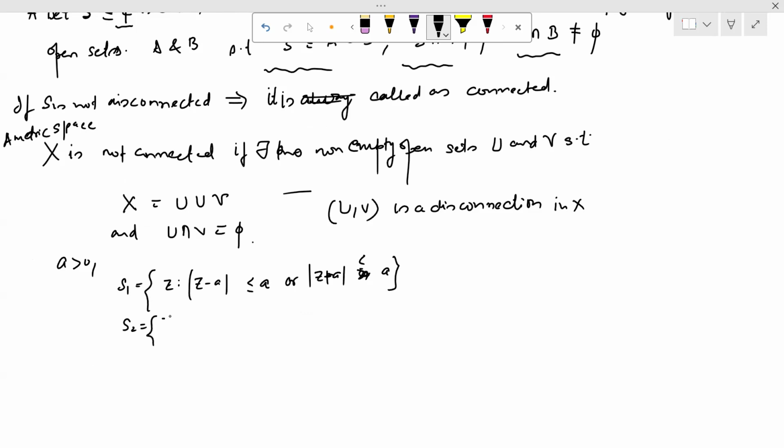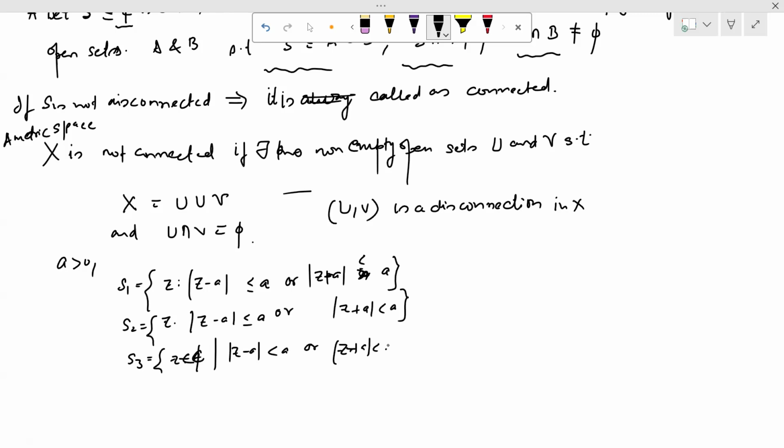Another set S2 is, let's say, modulus of z minus a is less than or equal to a, or modulus of z plus a is less than a. And the third set S3 is given by all those z belonging to C such that modulus of z minus a is less than a, or modulus of z plus a is less than a. You have to see which of these sets is connected and disconnected.